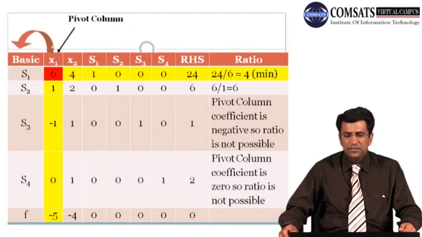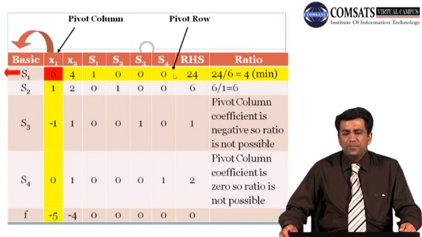So class, as we discussed, this is the pivot column, and the corresponding non-basic variable x1 is our entering variable, which is represented by this arrow. This is our pivot row, that is the minimum ratio value row, and this is again our pivot number, that is the number at the intersection of the pivot row and pivot column.